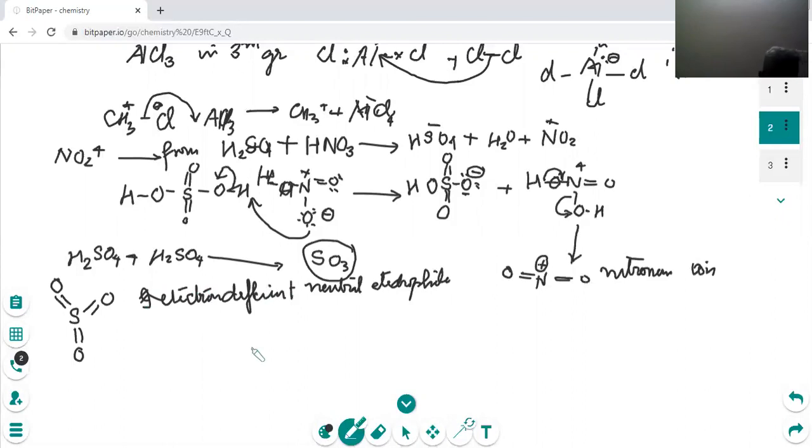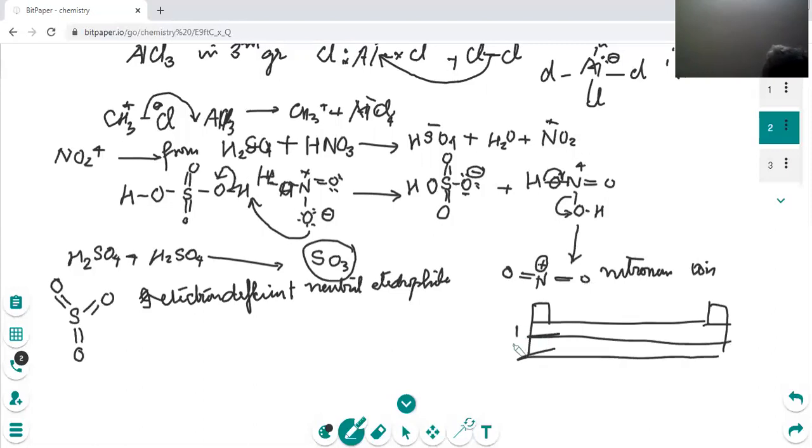Now see here, we have sulfur and oxygen. Sulfur is in the third period and oxygen is in the second period, right? If you take the periodic table, this is your first period, number 1, and number 2, second period. Here you have oxygen and sulfur.